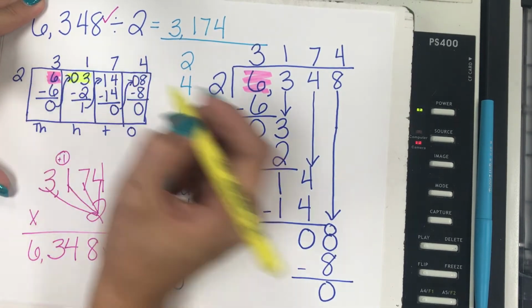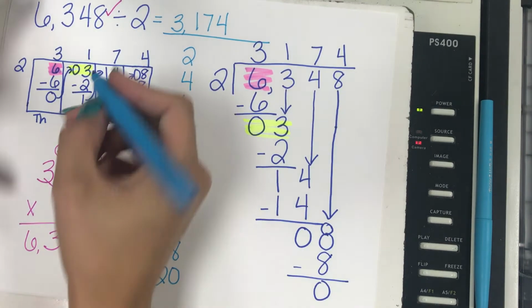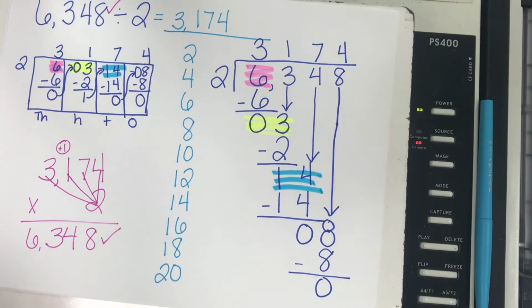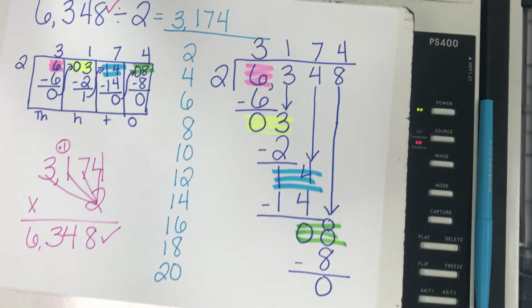Here is 3, here is 3. Here is 14, there's 14. There's an 8, there's your 8.